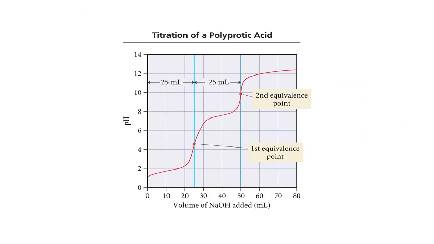Then there is the last curve that we want to talk about. So this is a titration curve for a polyprotic acid. So we start with defining what a polyprotic acid is.